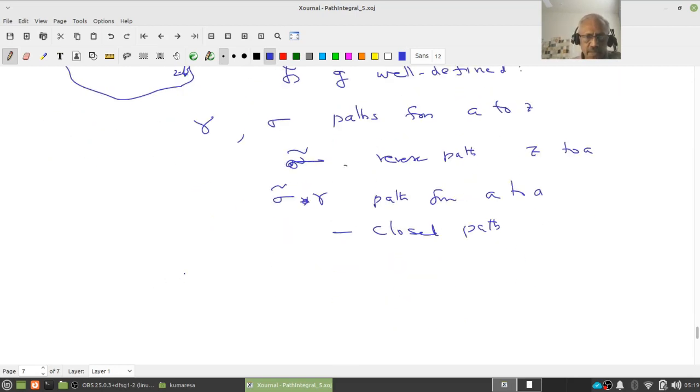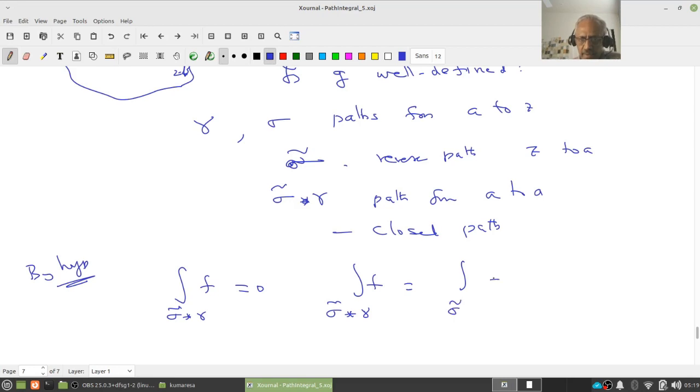Since it's a closed path, the integral of F over sigma tilde followed by gamma is 0 by hypothesis. But we proved in the last session that this is the integral of F over sigma tilde plus the integral of F over gamma.